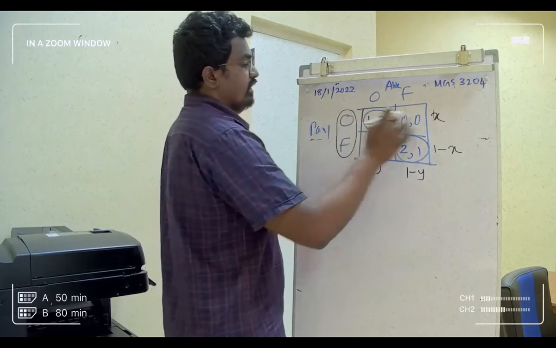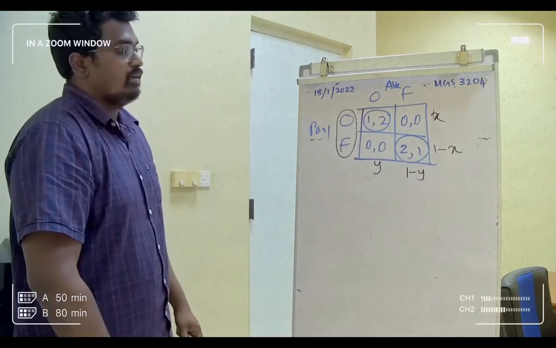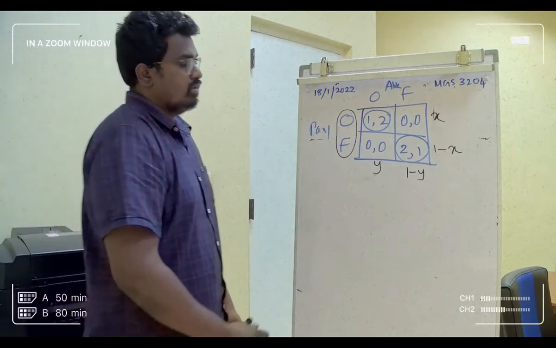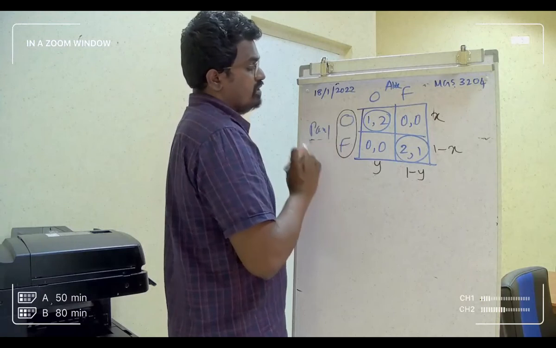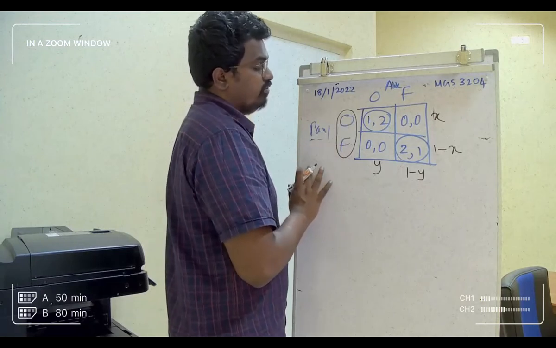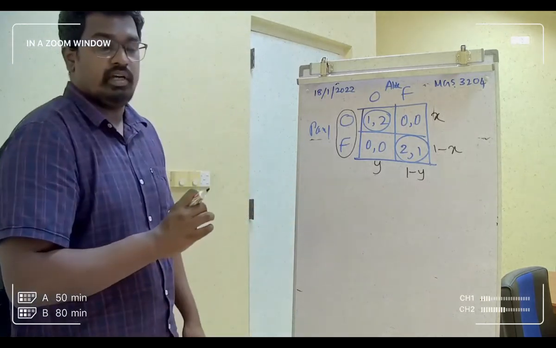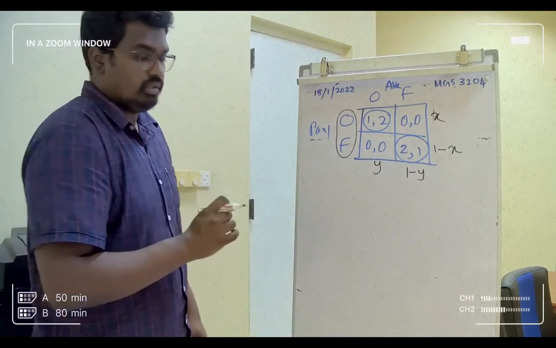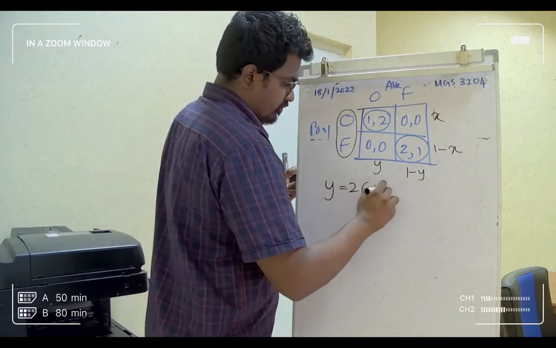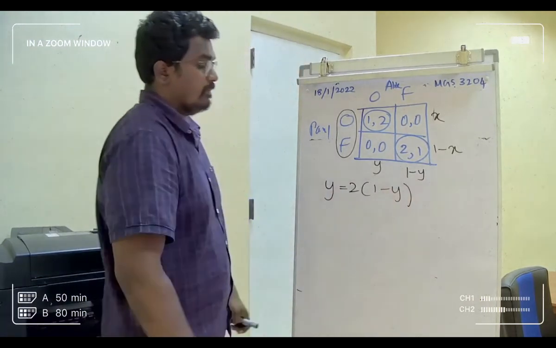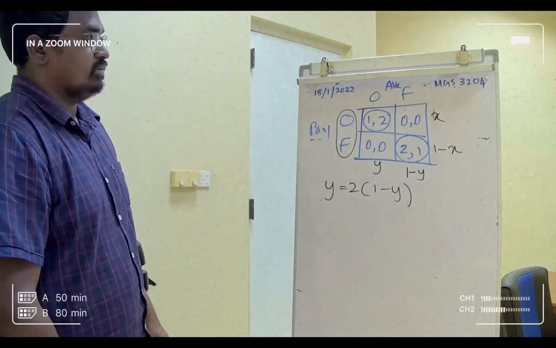Paul has chances of x and 1 minus x with his choices. And for Paul to be indifferent between his choices, what's going to be the formula? We are trying to develop a simple formula for that using the idea of mixed strategies. So how do we get it?